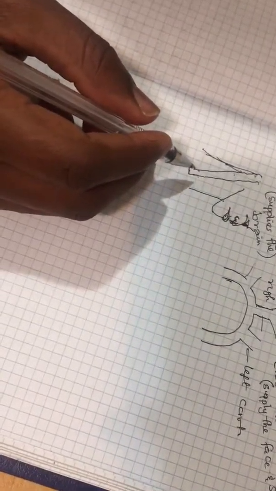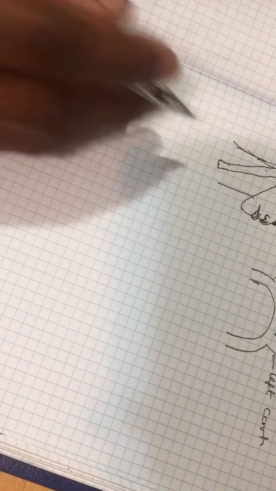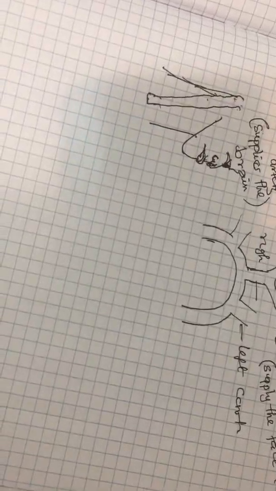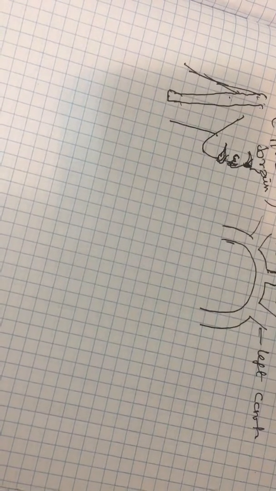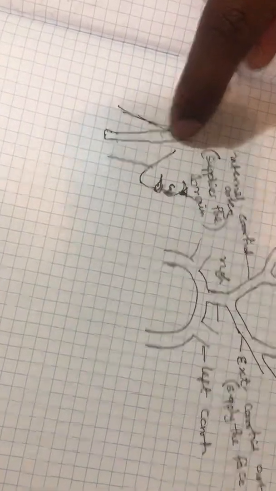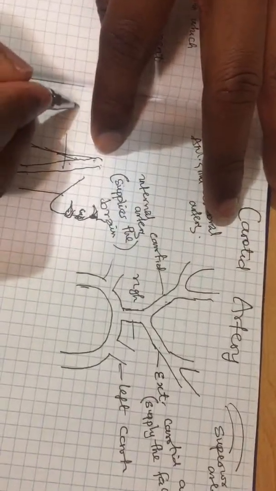Actually, we have the anterior triangle of the neck, the posterior triangle of the neck, and the inferior triangle of the neck. Then you'll be able to identify the sternocleidomastoid muscle. You can check it by yourself.